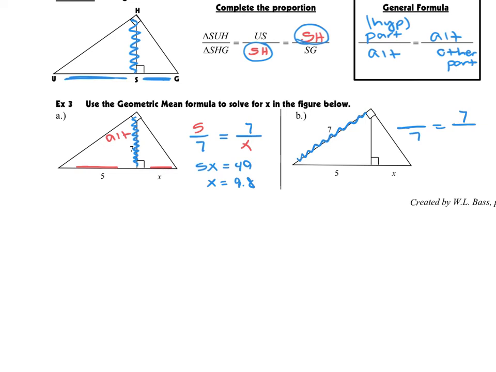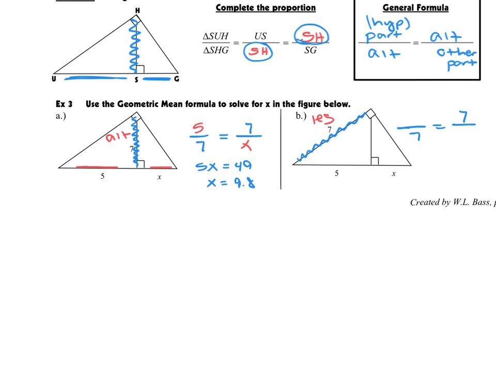This time, instead of having it be the altitude, this is a leg in that big right triangle. Oops, I said altitude, and that made me write altitude. I meant to say leg there. Leg. That's a leg in our big right triangle. Yes, legs in right triangles are altitudes, but I want you to think of this one as the leg. That's going to make it easier for you.